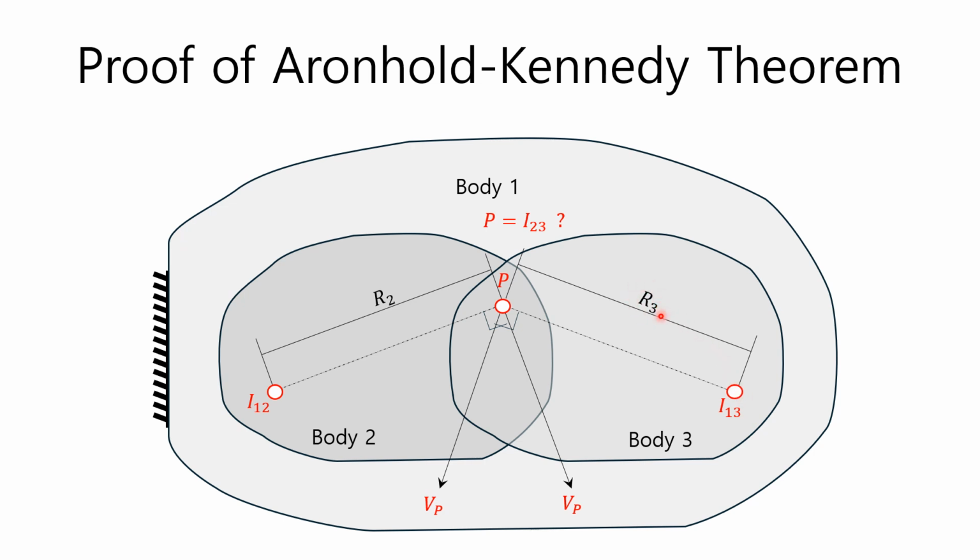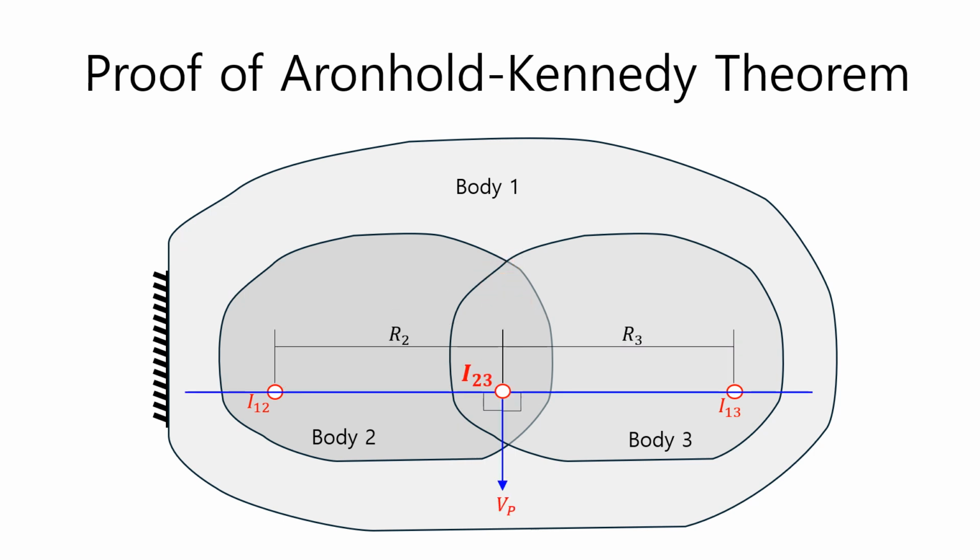On the other hand, the direction of the velocity is perpendicular to the radius, so the directions of the velocities Vp of body 2 and body 3 are different, as shown in the figure. From the definition of the instant center, the magnitude and direction of the velocities of the instant center must be the same, so point P is not the instant center.